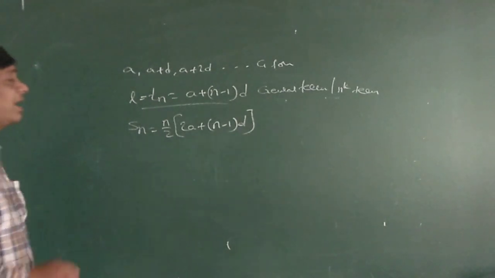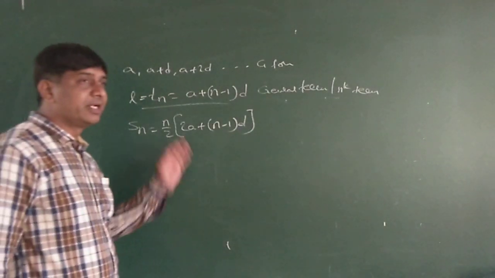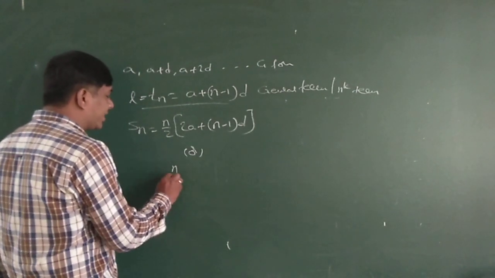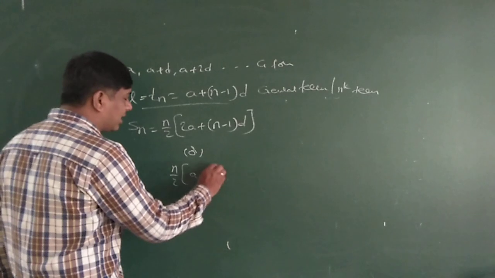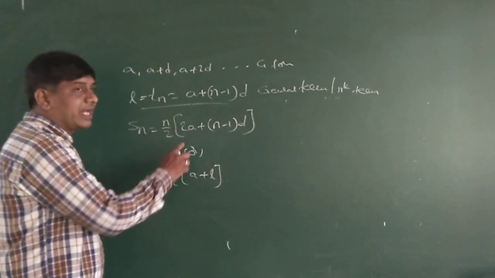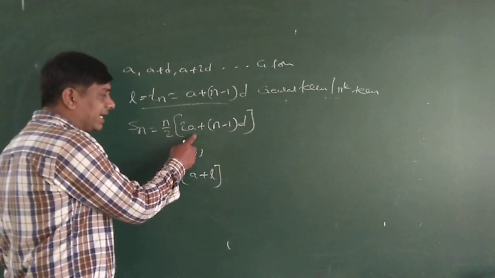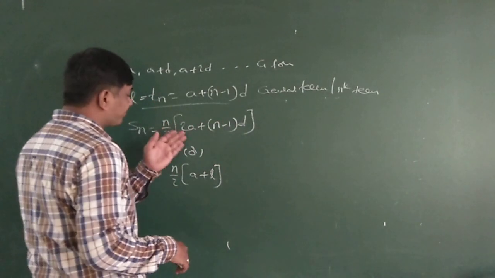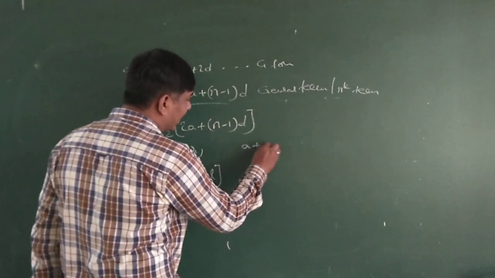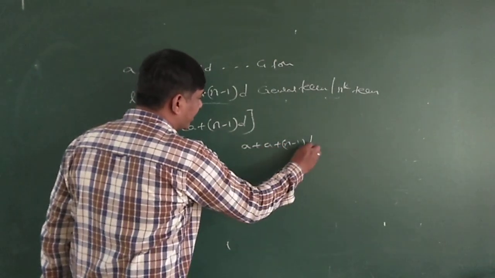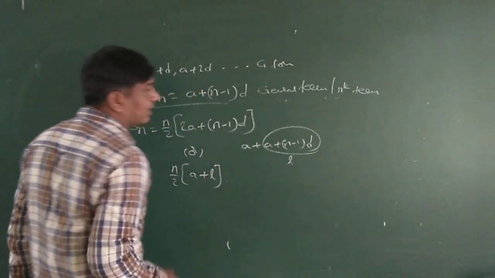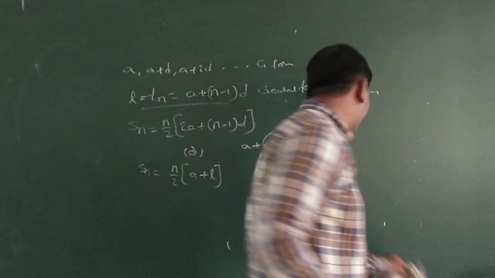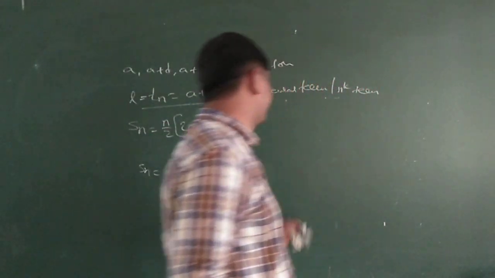This is the sum of n terms of arithmetic progression. Another formula is n by 2 into a plus l. Why? Because 2a can be written as a plus a, and a plus n minus 1 into d is the last term, so this value we can replace with l. So Sn is equal to n by 2 into a plus l when the last term and first term are given.